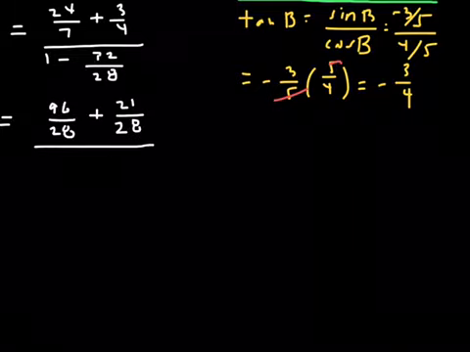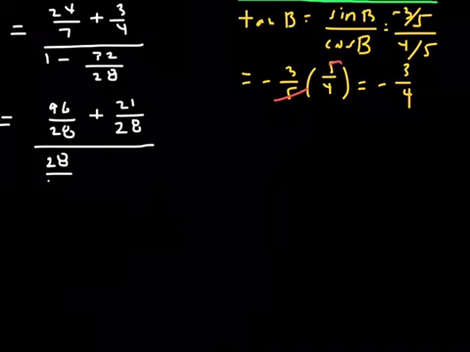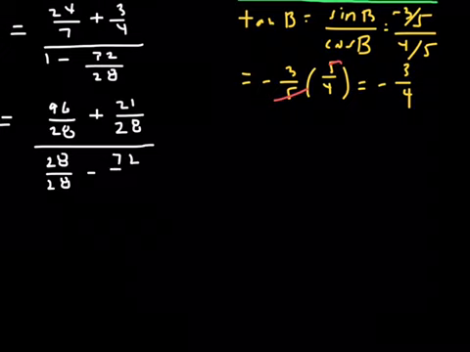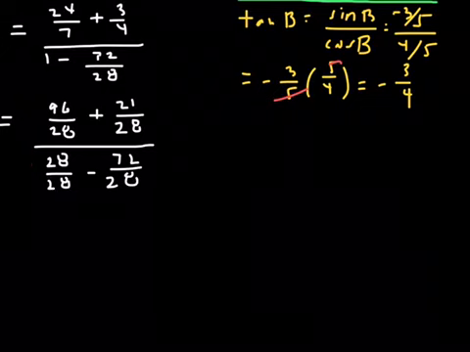Again, I multiplied the first fraction in the numerator and denominator by 4. This one I multiplied the numerator and denominator by 7. All right, this denominator here will be 28/28. This is the same number as 1 minus 72/28. I decided to write the number 1 as 28 over 28, just so that I have common denominators that I can now combine these fractions.